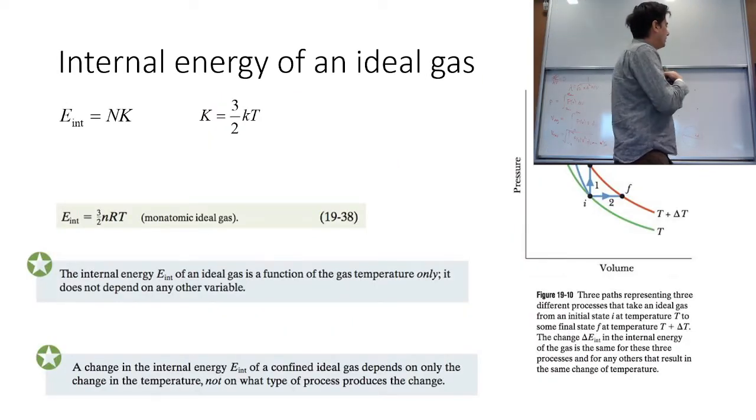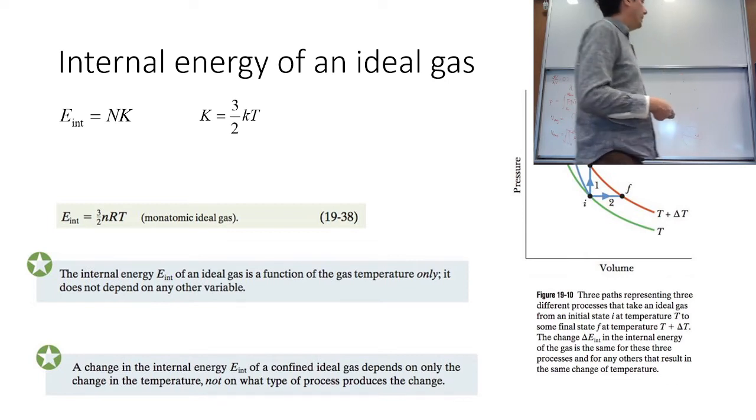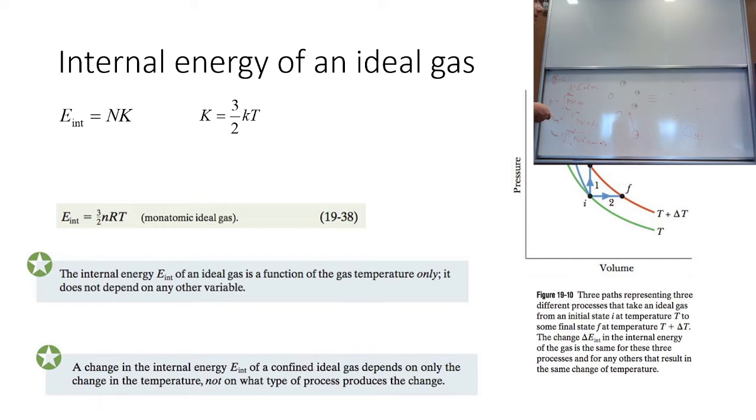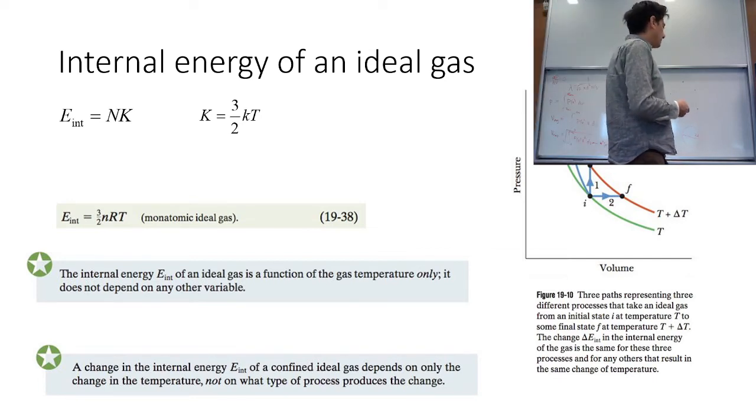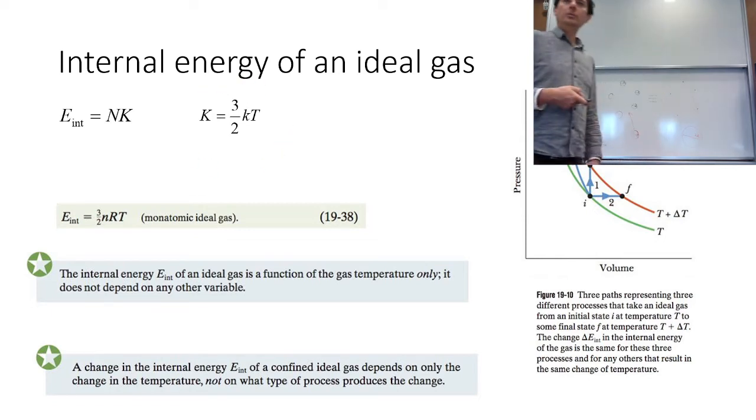Okay, and so this is an application of the thing we were talking about a couple of slides ago. We said before that the kinetic energy of an atom is 3/2 kT, right?